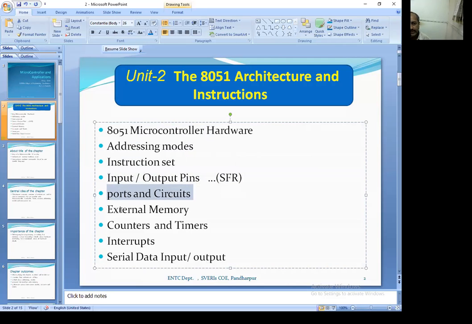The 4 ports we have seen, how to attach external memory, that also we have seen, counters and timers we have seen, interrupts we have seen. Only the serial data input output remains. So what it is and how it is going to be done with 8051, that today we are going to learn. Okay.